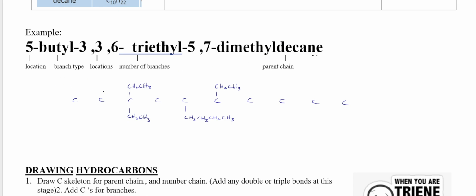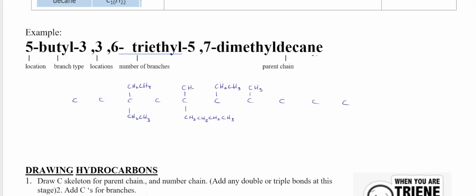Okay, and then I have 5,7-dimethyldecane. Well, the decane was the parent chain right there, so I'm just focusing on the dimethyl. Di meaning 2 methyls, so there's 2 methyl groups, one on the 5th and one on the 7th. So I go 1, 2, 3, 4, 5. I put a methyl group right here, CH3, 6, 7, and a methyl group right here. It doesn't matter if they go up or down because this is all single bonded.